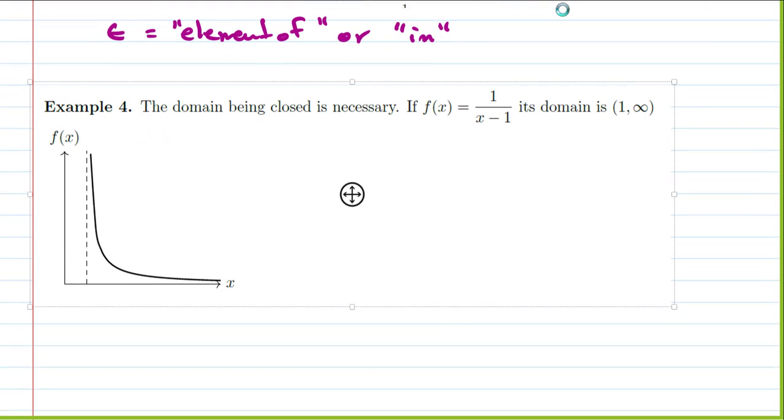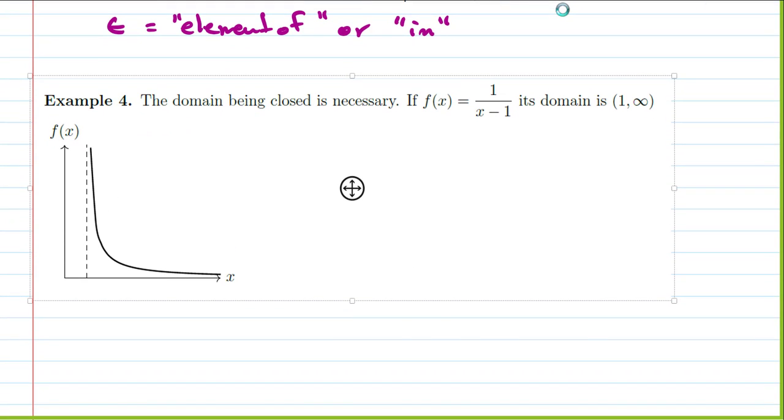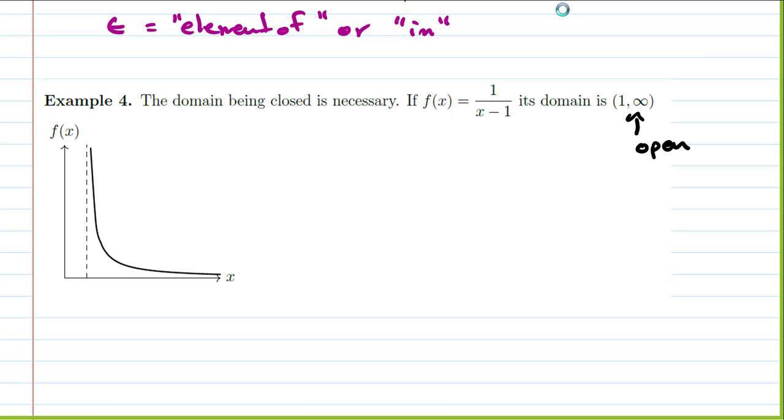So the domain being closed is necessary. If we have f of x equals 1 divided by x minus 1 on the domain 1 to positive infinity, this is open, not closed. Closed sets include their endpoints.